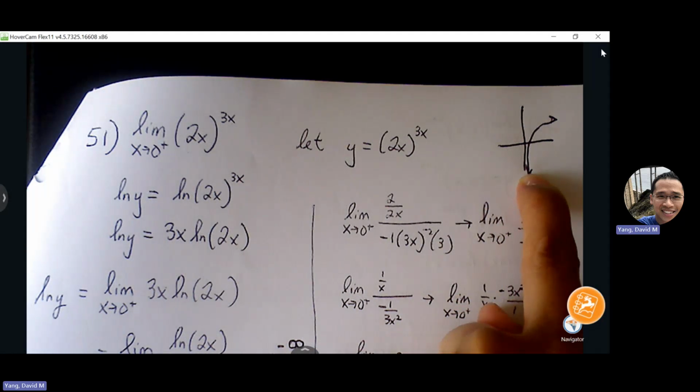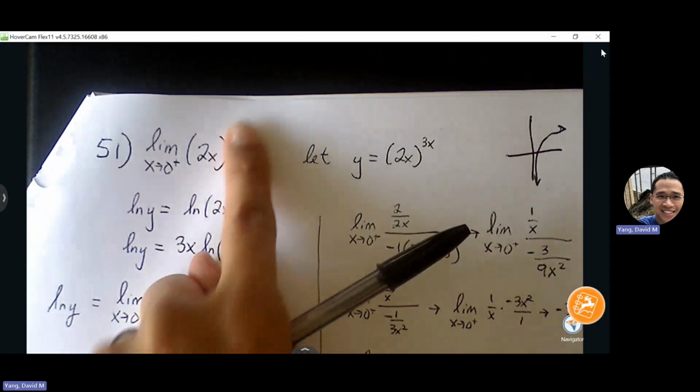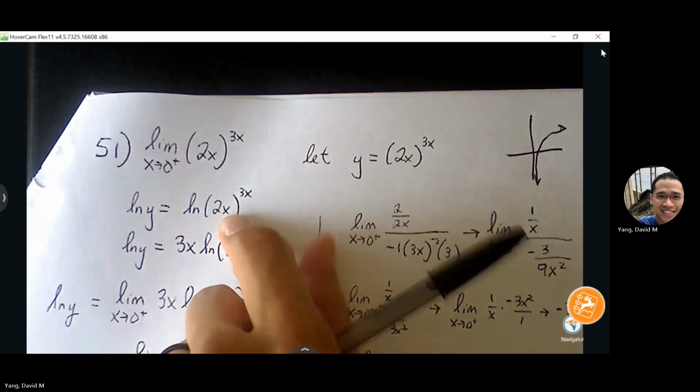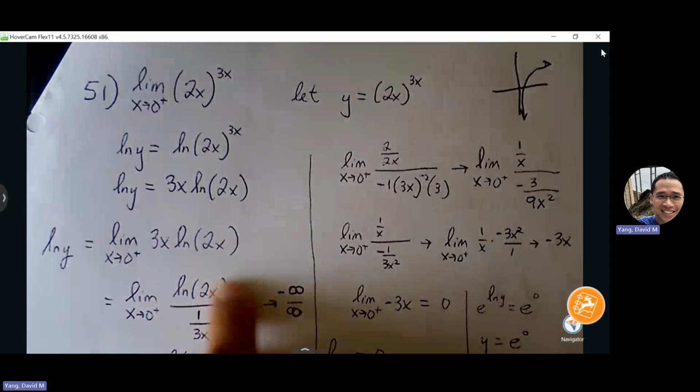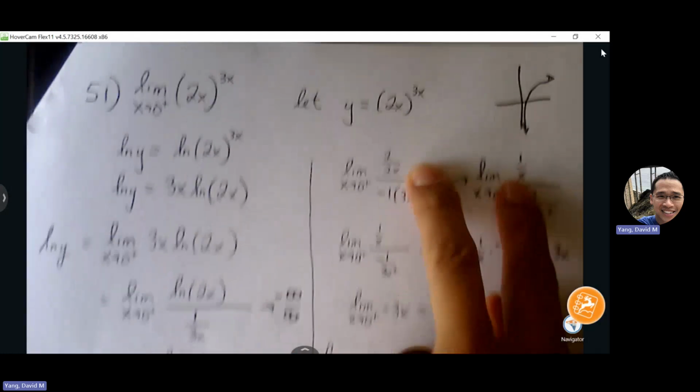Wait, so is it a horizontal shift multiplying the inside of the natural log? Well, I'm just plugging in 0 for x. Are you talking about this part? Yes, here. Right. So natural log of a really, really small number is going to be negative infinity.